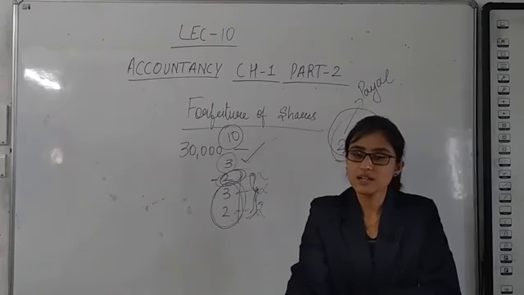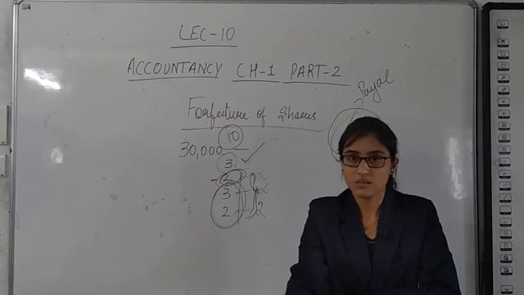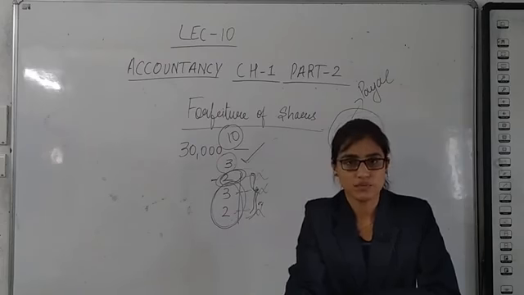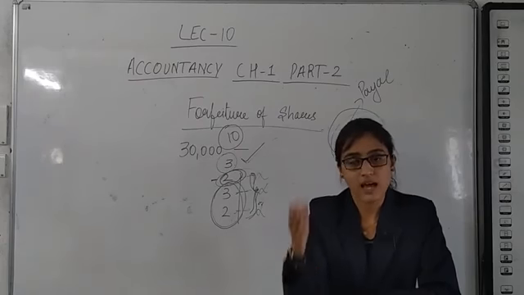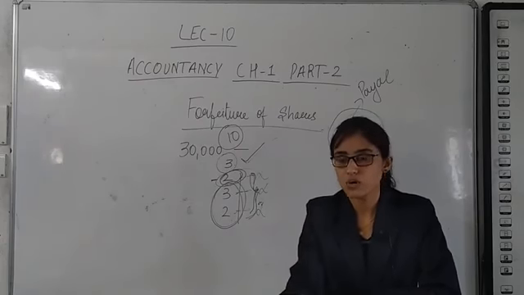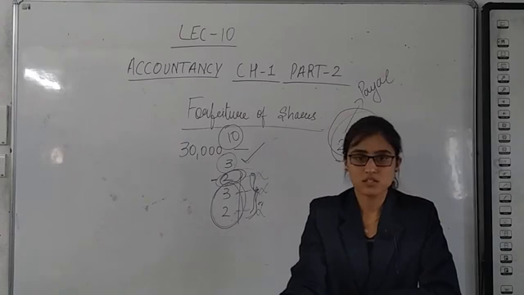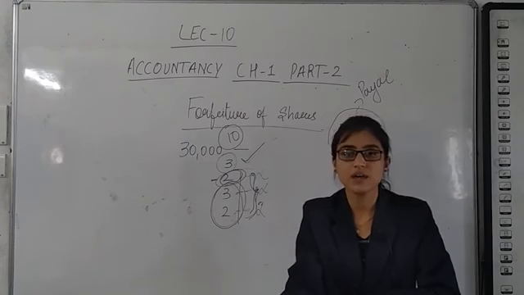The journal entry is about forfeiture of shares that have been issued at par and at premium, and the premium has been received in full. When this is the case and the shares are to be forfeited, what is the journal entry?